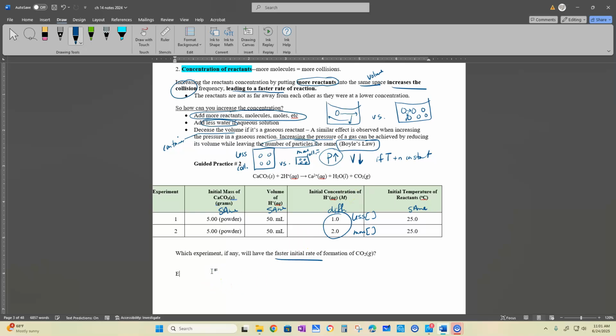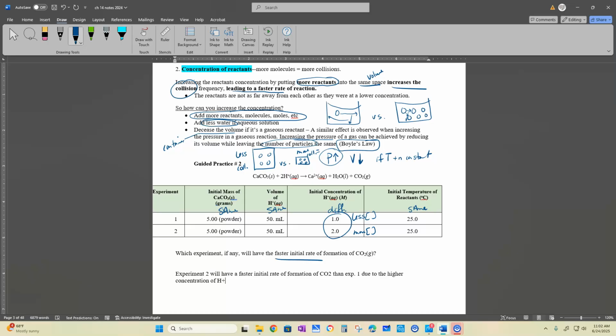Experiment 2 will have a faster initial rate of formation of CO2 than experiment 1, due to the higher concentration of H+.